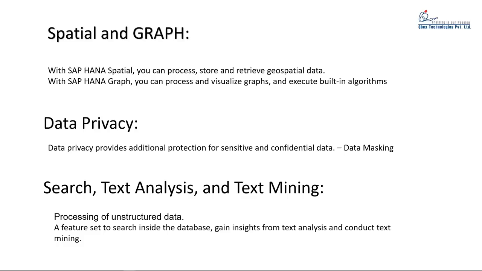Masking is like, for example, when you type in a password you don't get to see it, you see dots or asterisks. That is masking. We have that same flexibility in HANA as part of data privacy.